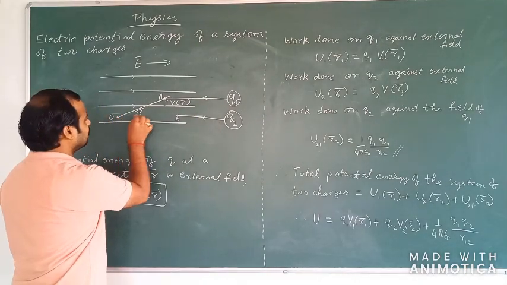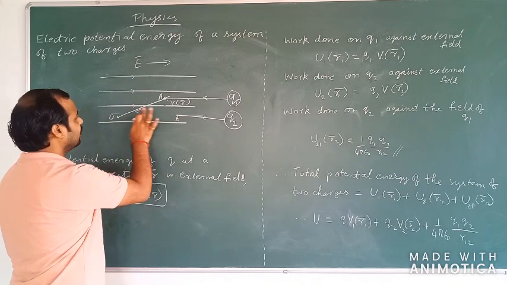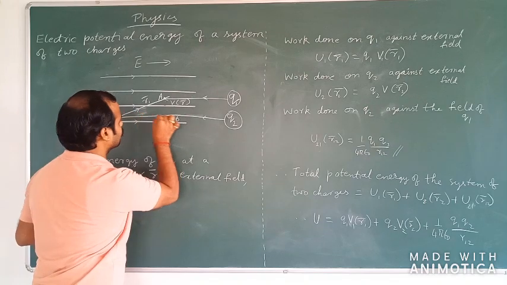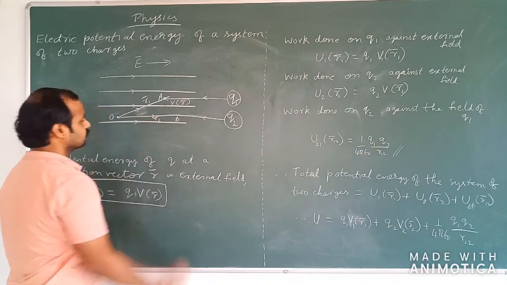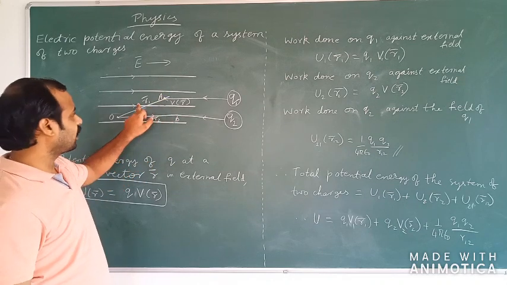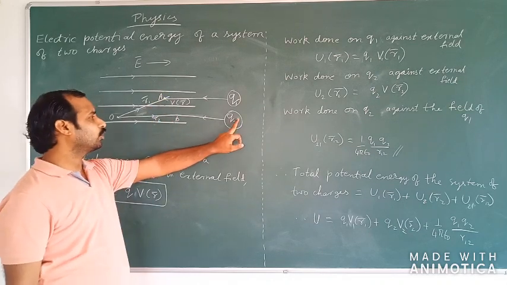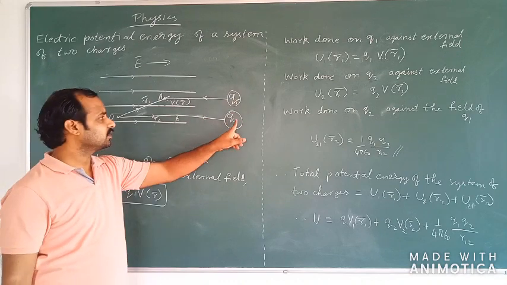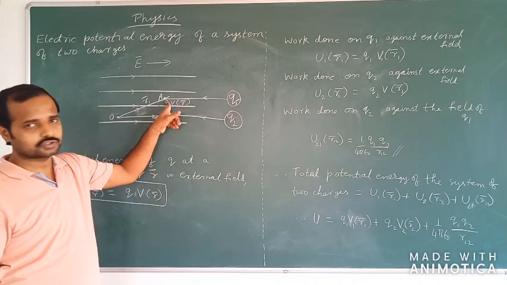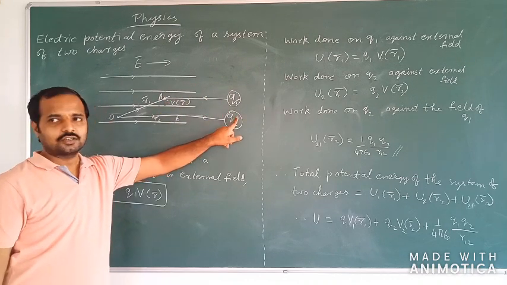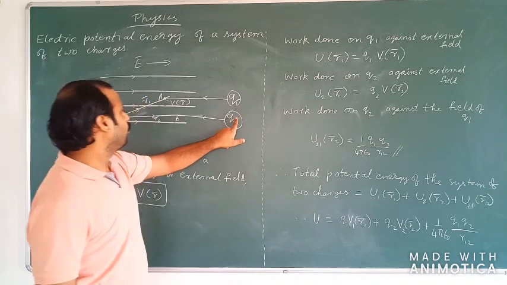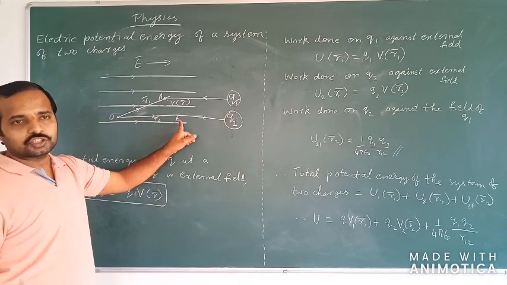The position vector of A I will take as R1 bar and that of B as R2 bar. Now I find the potential energy stored in bringing the Q1 charge to position A, and the potential energy stored in Q2 while it is being brought to position B.